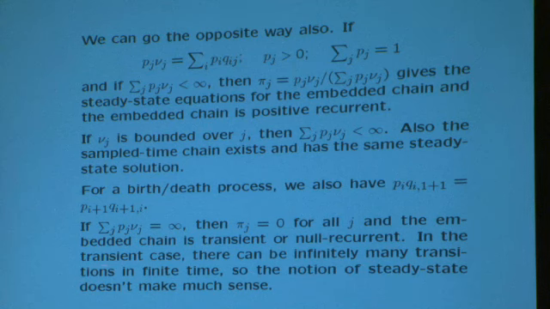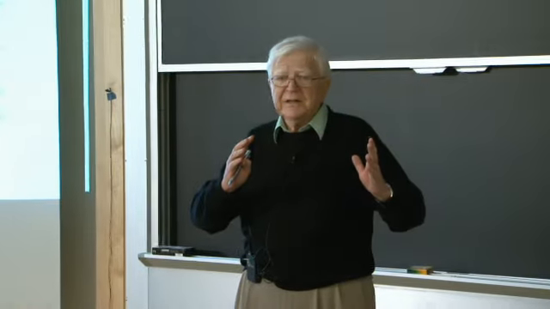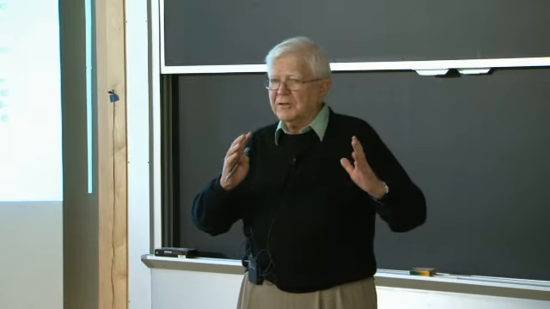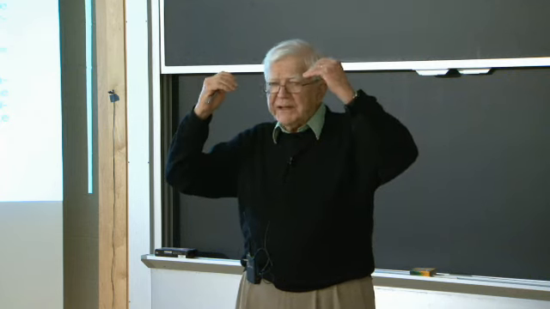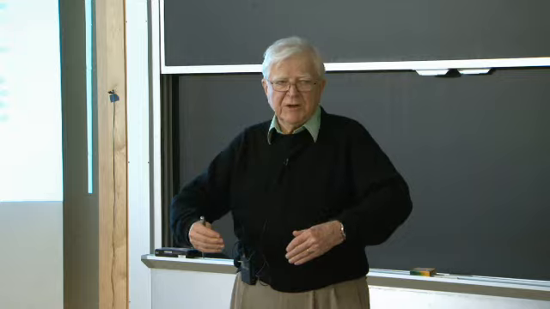And then if the sum of p sub j nu sub j is equal to infinity, that's the bad case. These equations say that pi sub j is equal to 0 everywhere. This is sort of the dual of the situation we already looked at. In the case we already looked at, of the lazy or rattled server and the discouraged customers, eventually the rate at which service occurred went to 0.